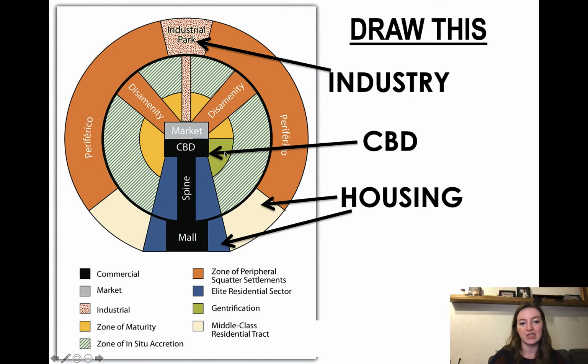This is gentrification, so people who have taken the old stuff that was run down and made it new and really highly desirable, and usually take the prices way up and kick the people who used to live there out. We have our middle class tract here. We have our elite residential sector here because it's really close to the cultural part and generally considered really highly desirable. And then this is going to be where our slums are over here. And then here we just have a little bit of everything.